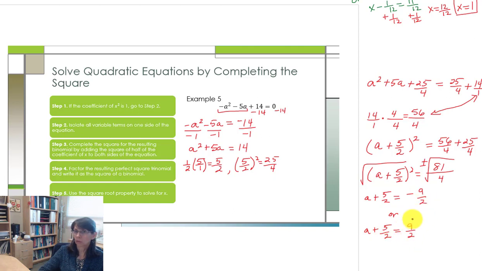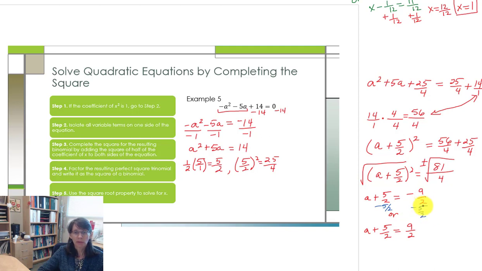So in case you're wondering, where did that 9/2 come from? Remember, we're breaking apart this square root. So the square root of 81 is 9. The square root of 4 is 2. That's our quotient property. So we're ready to do just one more step to solve for a. We'll subtract 5/2 from both sides of the equation.